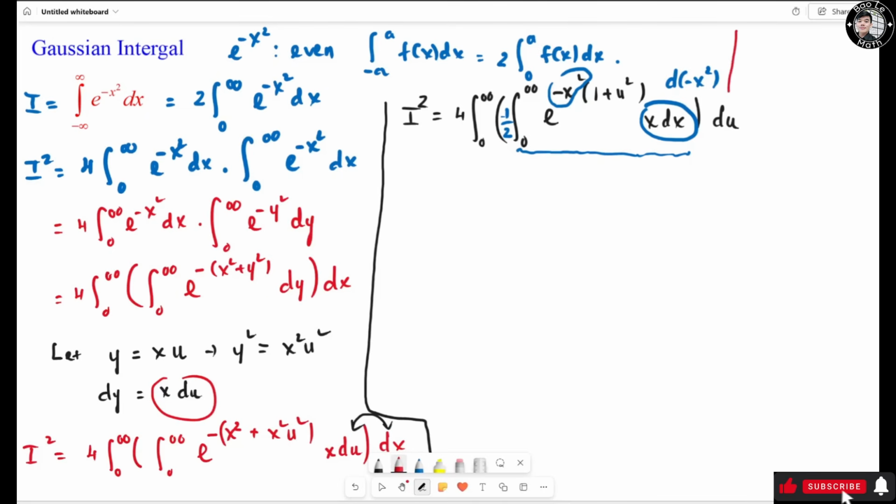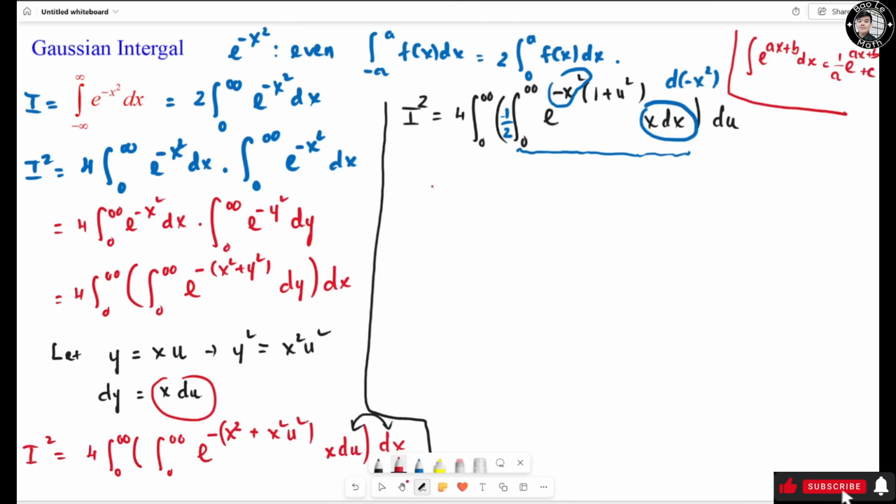Now I can apply the formula: the antiderivative of e to the ax plus b dx equals 1 over a e to the ax plus b plus constant c, right?